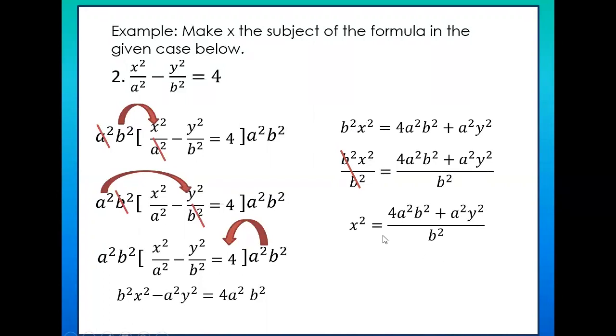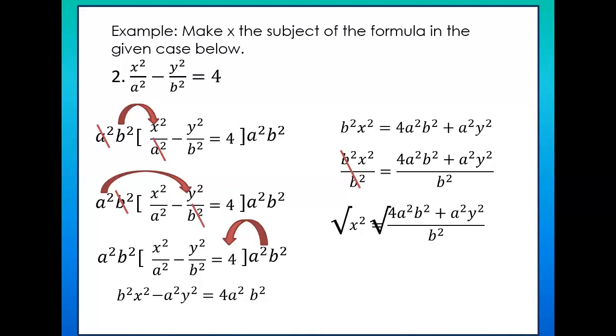But we're not yet done because this is not x, this is x squared. So the inverse function that we can apply here to exclude the power, which is raised to 2, is by putting a square root on both sides of the equation. So square root on both sides of the equation.